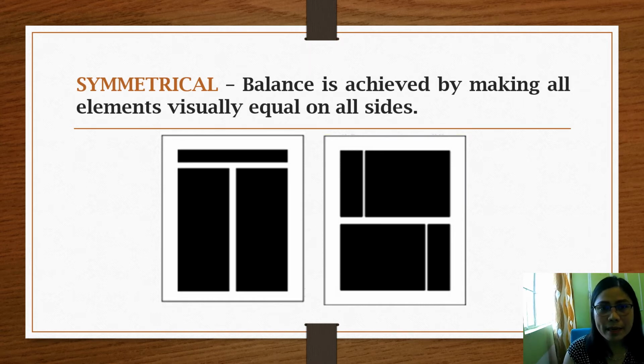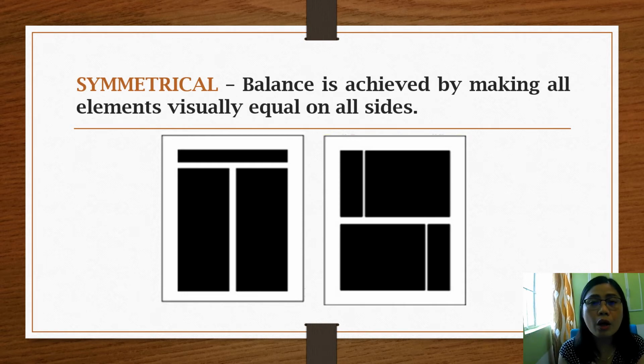So, symmetrical balance is achieved by placing elements in a very even fashion in a design. Got it? So, if you have a large, heavy element on the right side, you will have a matching heavy element also on the left side.